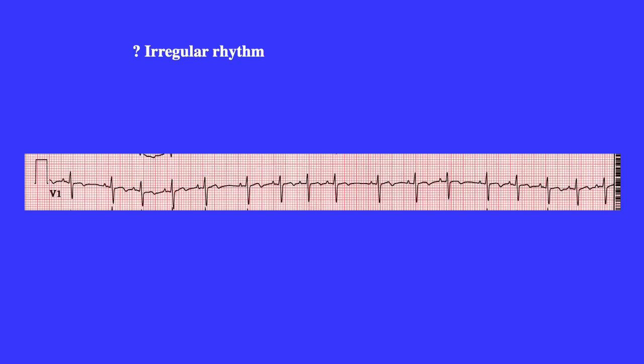This patient also has an irregular rhythm, but unlike the atrial fibrillation you saw in the previous EKG, the P waves are better formed, and this patient has atrial premature complexes along with sinus rhythm.